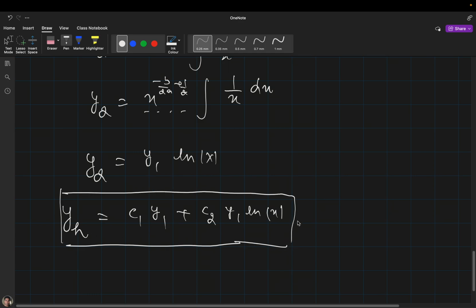Okay, and what was the solution in the case of constant coefficient ODE? In the case of constant coefficient ODE, what was the other solution in the case of repeated roots? Tell me.